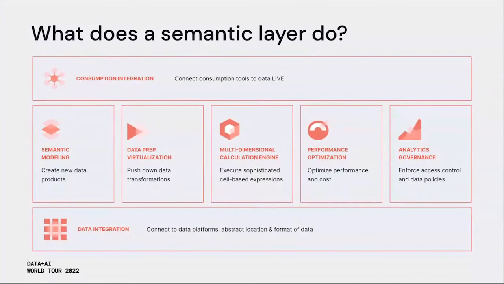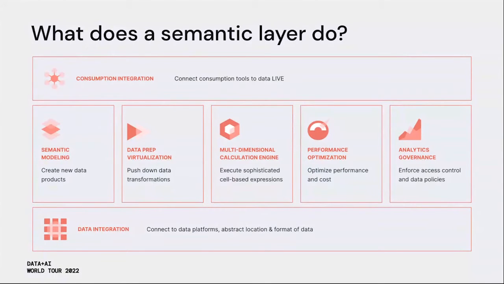So in the middle, you got some core functionality that you got to deliver, including the ability to create a semantic model, including the ability to access data virtually through those push-down queries, the ability to express the business using dimensional analysis, as well as optimize queries for performance so that you can maintain that live connection without having to wait minutes or even hours to get your data.